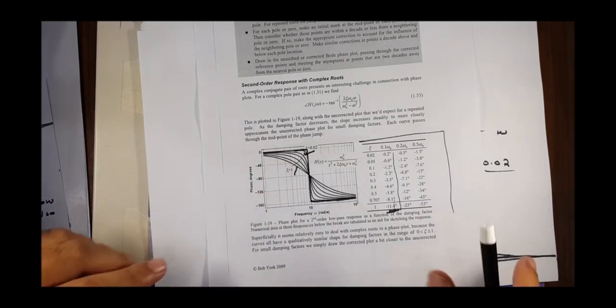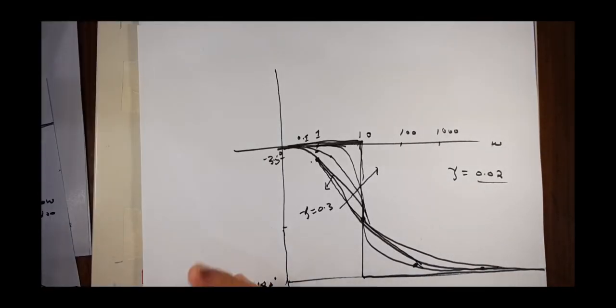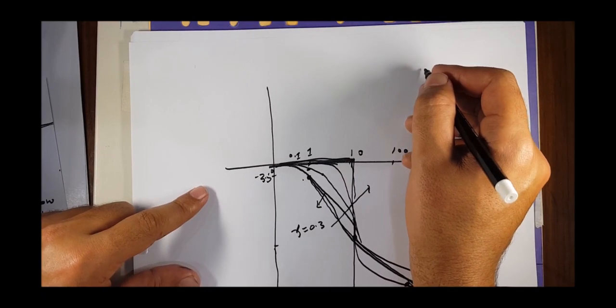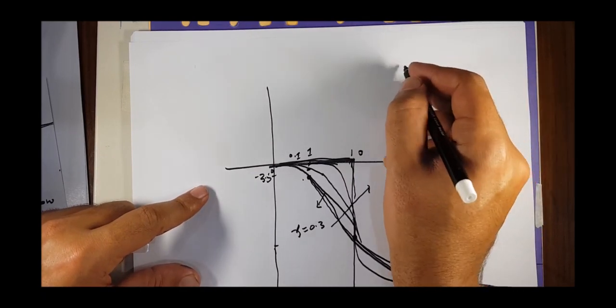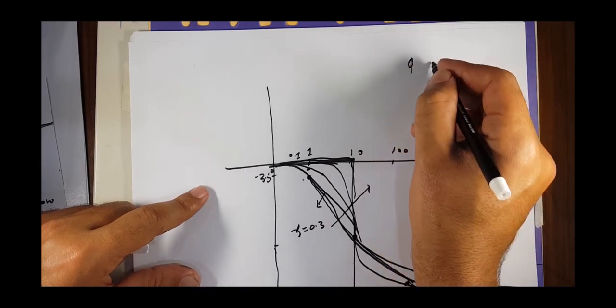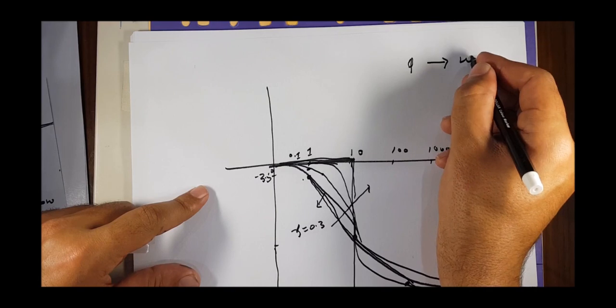One thing you just need to remember when you are plotting the second order response of a complex pole, or first plot of complex pole, is that when you have simple poles, you are only interested in finding phase, and you are plotting this against omega.